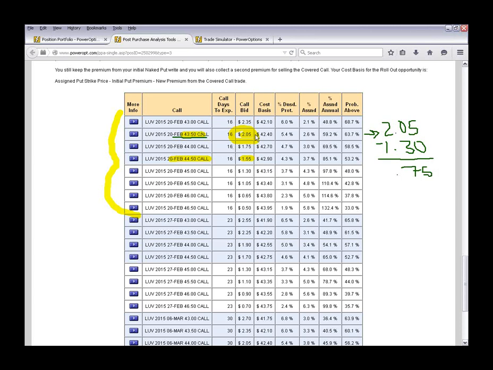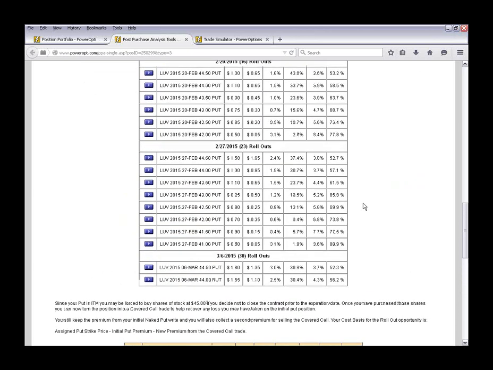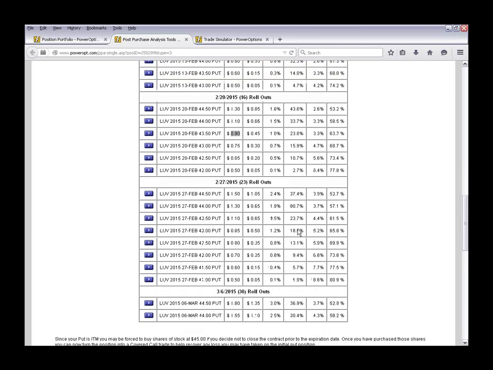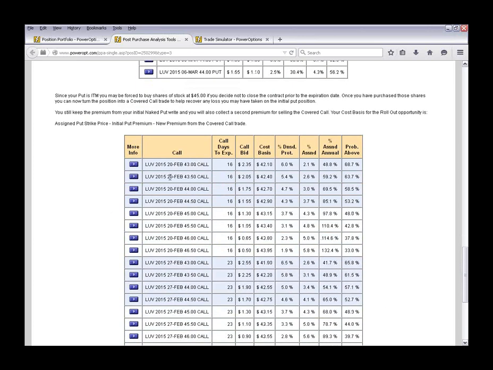We are taking in the intrinsic value, don't get me wrong, but in this case, we're looking at 75 cents of time premium. The time value here for the same expiration, 16 days out, for the 43.50 put is 90 cents, so it's 15 cents more. So in this case, to maximize time value, it might be better off buying to close the put and rolling down to the February 43.5 put as opposed to taking assignment and turning it into a covered call by selling the February 43.5 call.